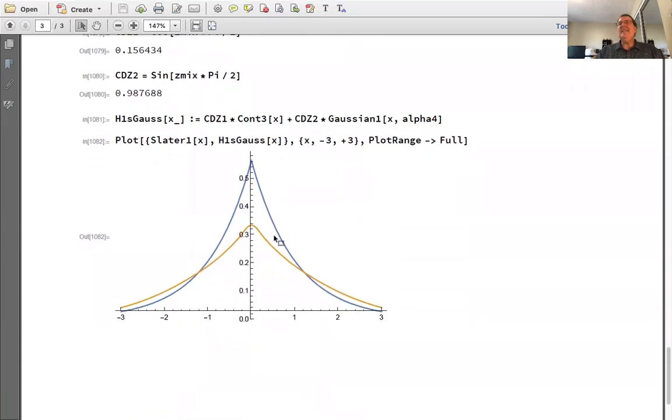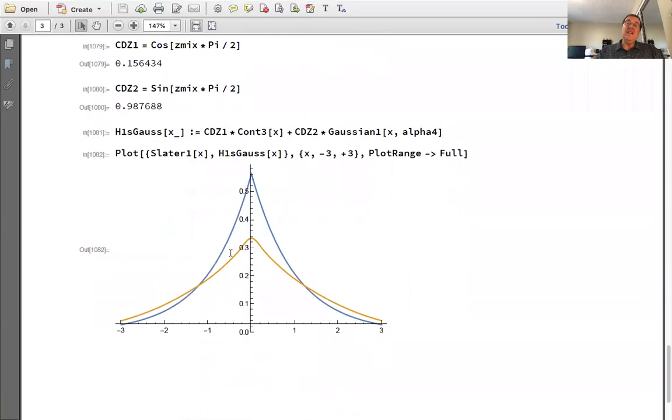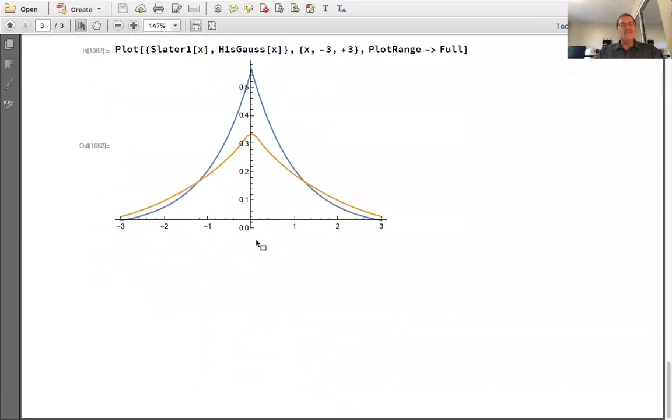And when I do that, my now 4-term Gaussian doesn't peak as much at the nucleus. On the other hand, it decays more slowly than the exponential out here. Now, we'd let the variational principle tell us what the optimal mixing was. And if I put 0.75 here, it would look pretty much like that Slater function. Okay, so that's contracted basis functions.